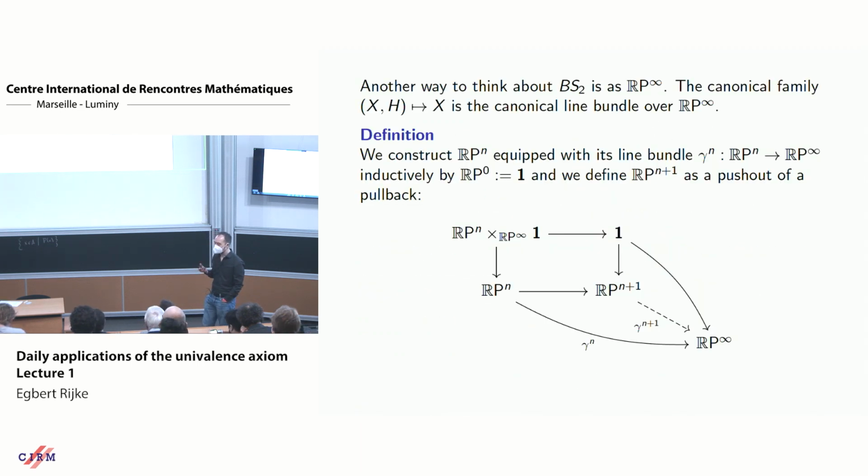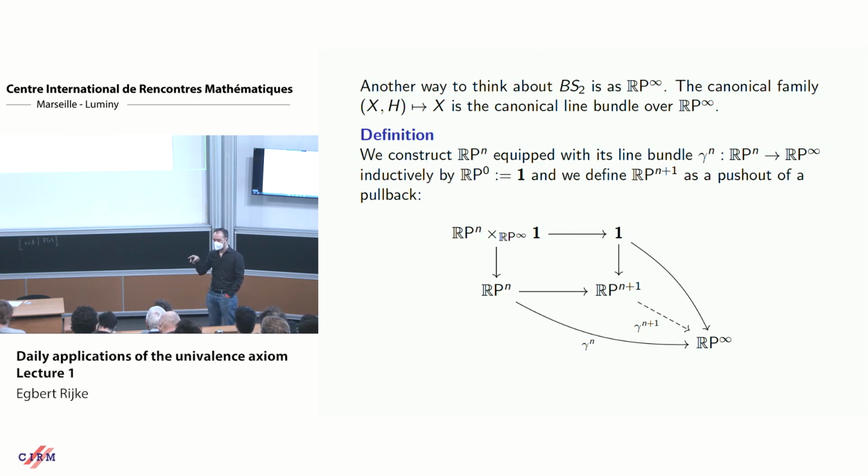Okay. So now we have just discussed the foundations. We have discussed the main ingredients, the univalence axiom, propositional truncation, how you express finite sets. We also want to do some cool mathematics. So the idea here is, can we construct real projective spaces in type theory?